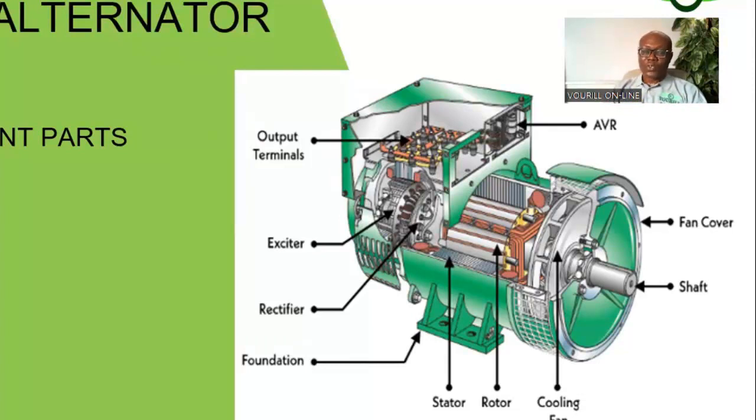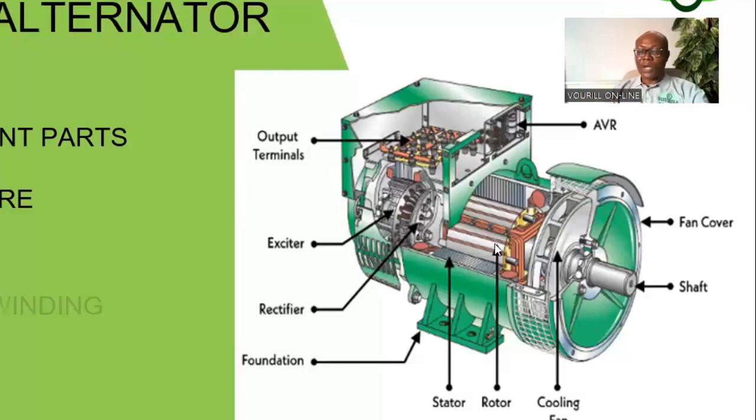As you can see on your screen, these are the major parts of the alternator. We have the armature. On this particular generator, we have the stationary armature. The armature is usually wound on the stator, so it is here on the stator.